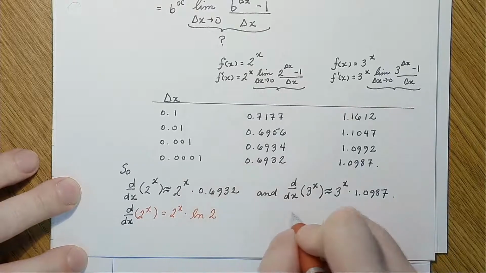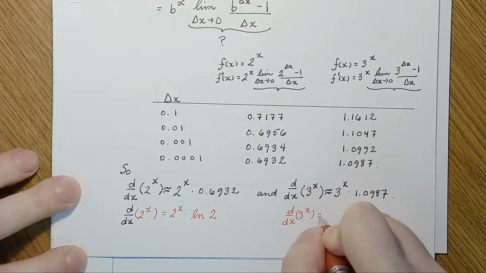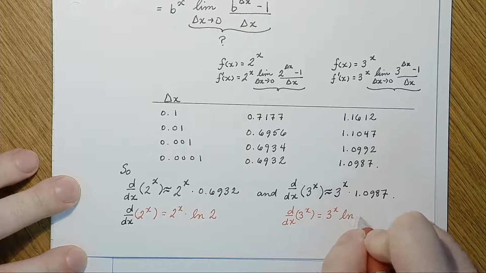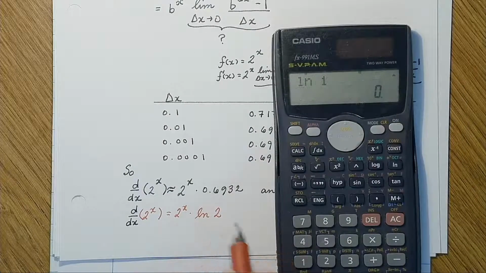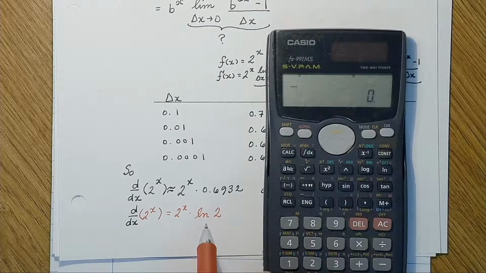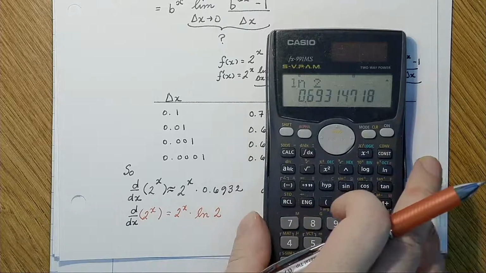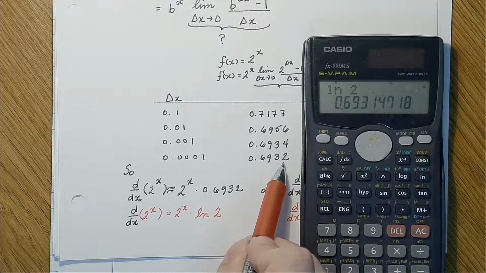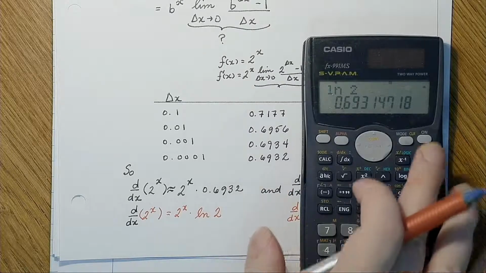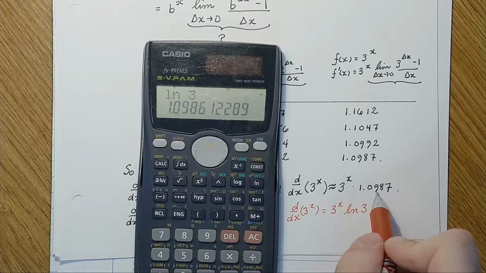And down here, the derivative of 3 to the x is equal to 3 to the x times ln 3. And ln 2 and ln 3 are fine. If I punch in ln 2, there's that number that's showing up, .693. We're getting close to it. There's a 1, but this is a 2. And same thing over here, ln 3, 1.0986.